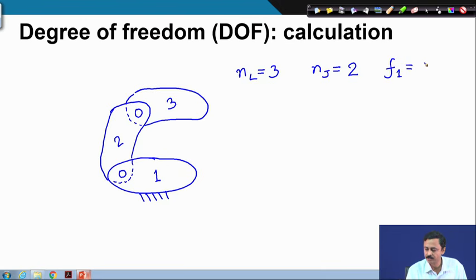The degree of freedom of the first joint, let us consider that it is again a simple hinge, is 1, and the degree of freedom of the second kinematic pair, let me also assume that also is a simple hinge. So, that also has 1 degree of freedom.